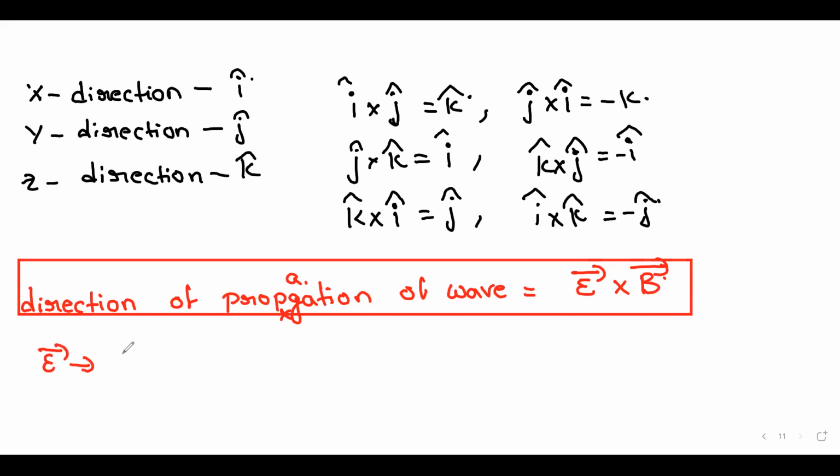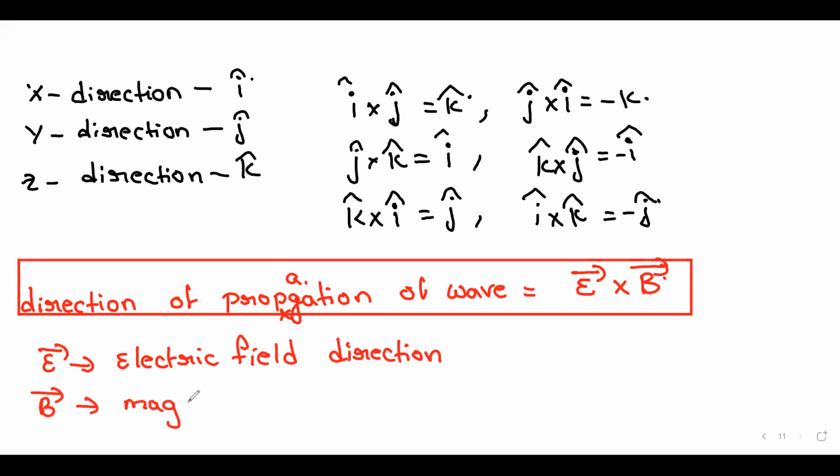E is the electric field direction. B is the magnetic field direction. That's it, field direction. So this is an important formula.